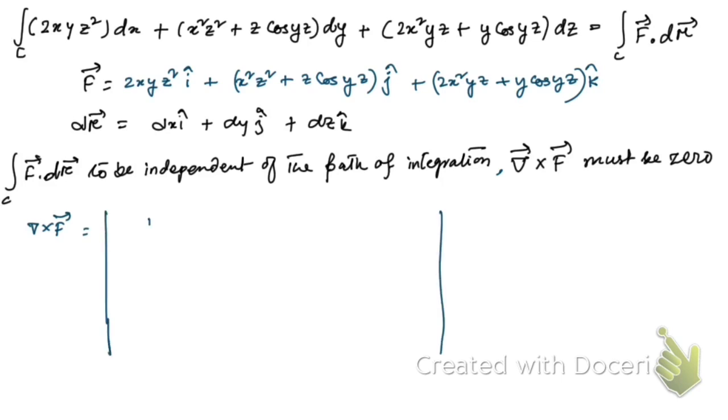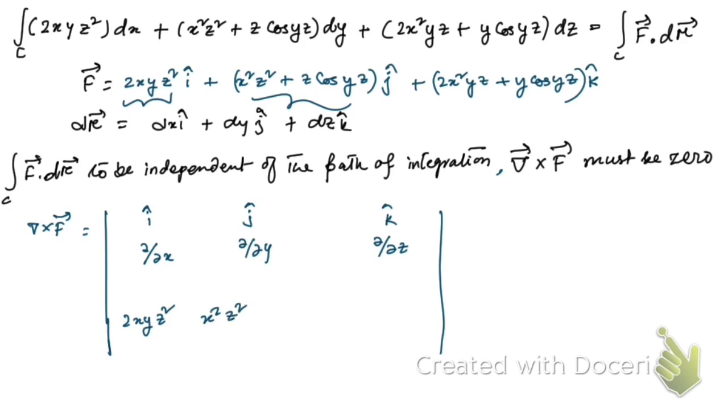Here what we're going to have is i cap, j cap and k cap, and del x, del y, and del z. Here the coefficient of i cap is this, 2xyz², and that of j cap is this, x²z² plus z cos yz.